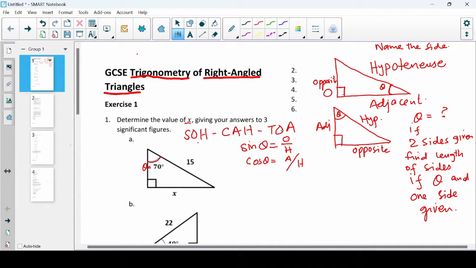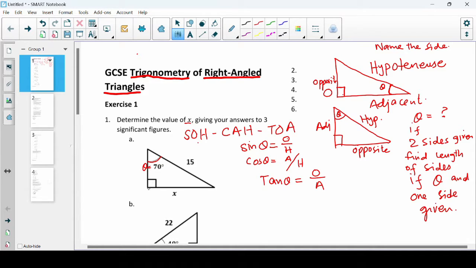And the last one is TOA: tangent theta is equal to opposite over adjacent. So these are the three sides, adjacent, hypotenuse, and opposite, with respect to the angle. We can use these formulas for finding the missing lengths as well.